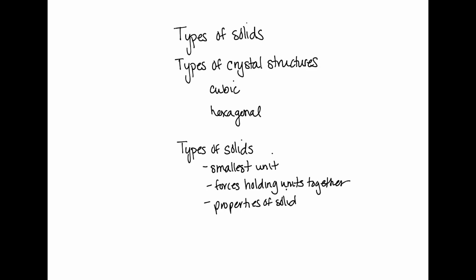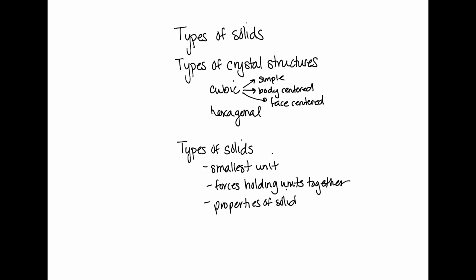So in this chapter, we are talking about the types of solids. We kind of introduced those. We talked about different types of crystal structures, and we talked mostly about the cubic structures: simple cubic, body-centered, and face-centered.